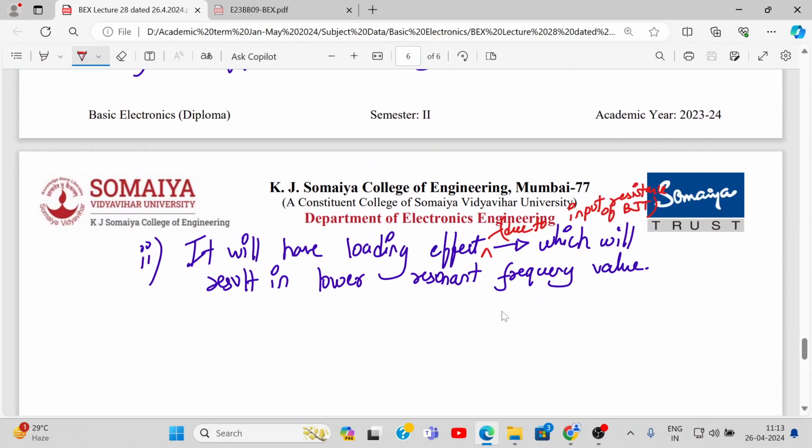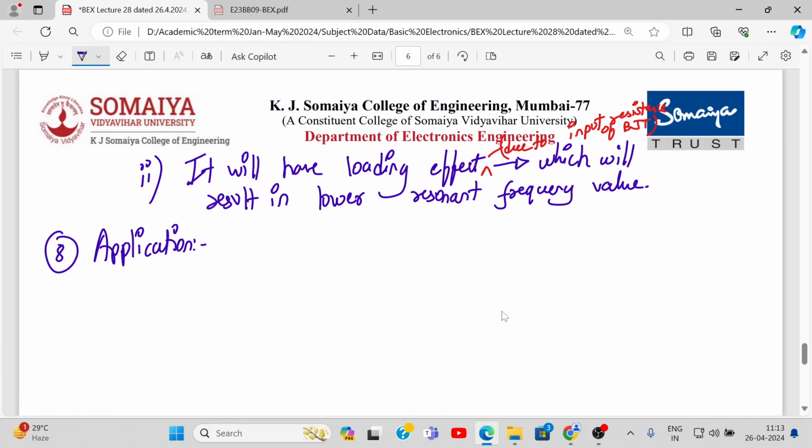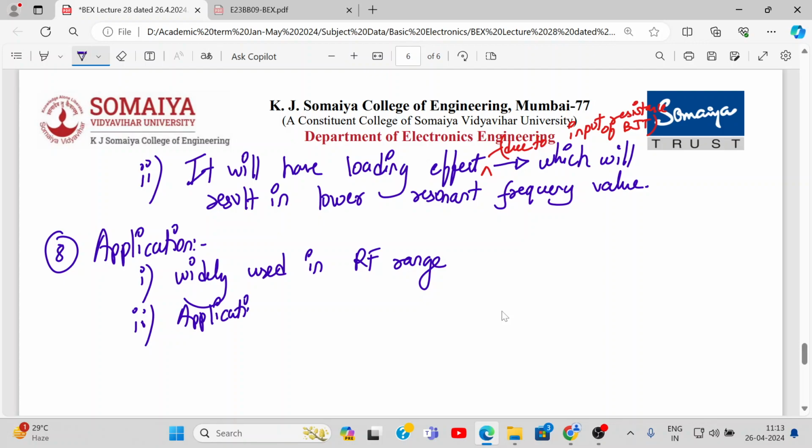Application wise, we can write applications, the last point for this circuit. They are widely used in the RF range, radio frequency range. Applications in FM receivers.